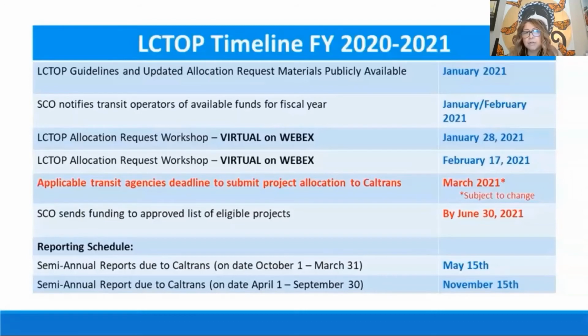You could still submit your allocation request with the same time frame that fits within the LCTOP guidelines. If you needed more time, you would probably have to submit a change request, but that is how we are basing our projects: you must start within 6 months from the award. We can talk more, Nancy, if you have any other questions on that offline.